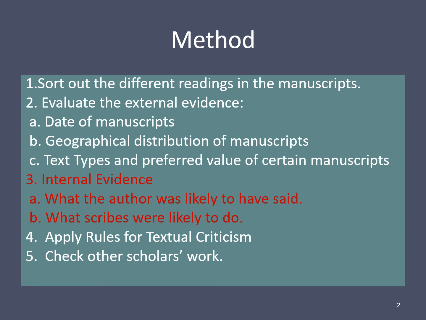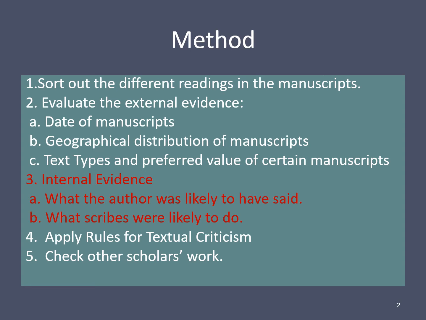We're going to look at each piece of evidence on its own, and that includes both the external and the internal evidence. So in our methodology, we mustn't just give all the evidence to the manuscript witnesses. We also have to evaluate what's going on with authors and scribes.